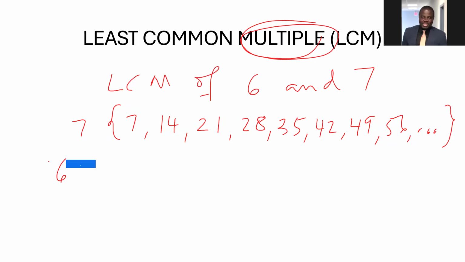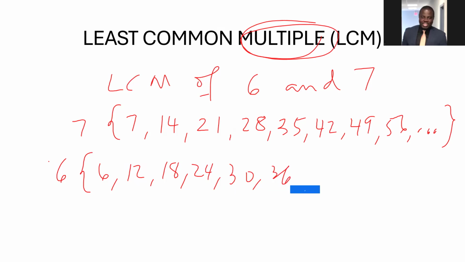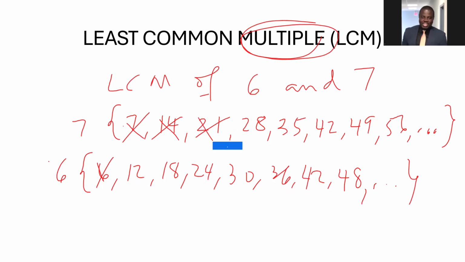Now for 6, again, you don't have to write it out, but if you want to, you can. 6, 12, 18, 24, 30, 36, 42, 48, then it keeps going like that. So 7, nope. 14, nope. 21, nope. 28, nope. 35, nope. 42. Oh, I've got 42 here too. Well, wait a minute. 6 times 7 is 42.